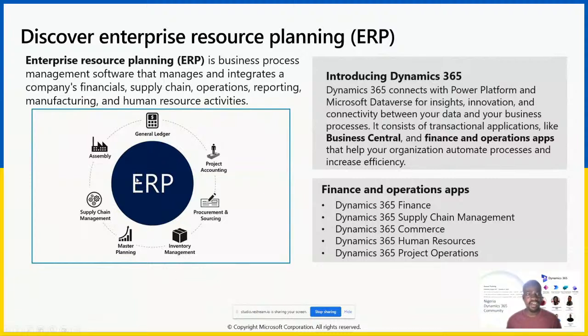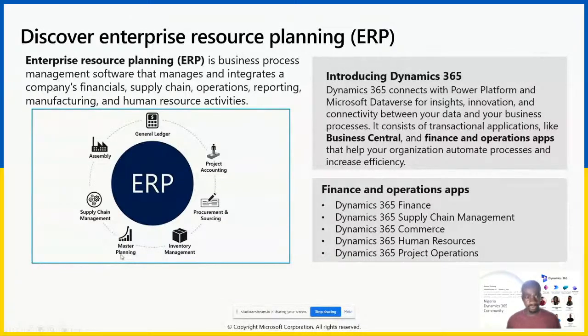So here we have a summary of the ERP. On the ERP, we have the finance, which is the general ledger. We have assemblies where we can do our manufacturing processes, supply chain where we have our inventory, our product, our stock, and the rest of them. And master planning as well.